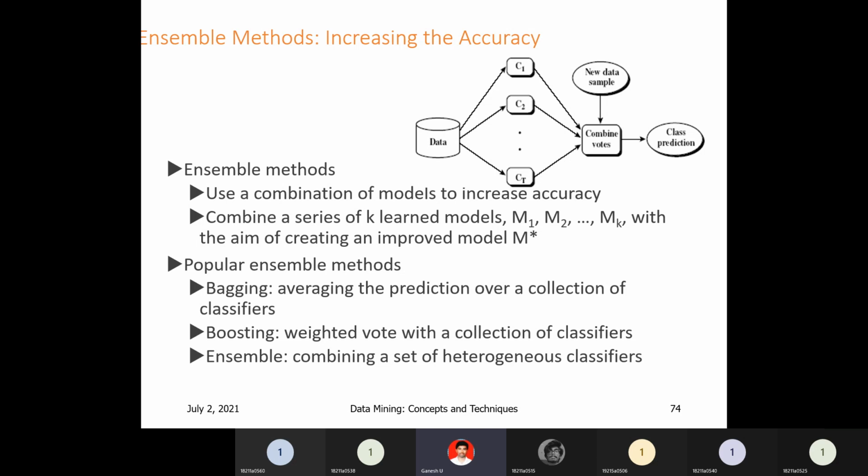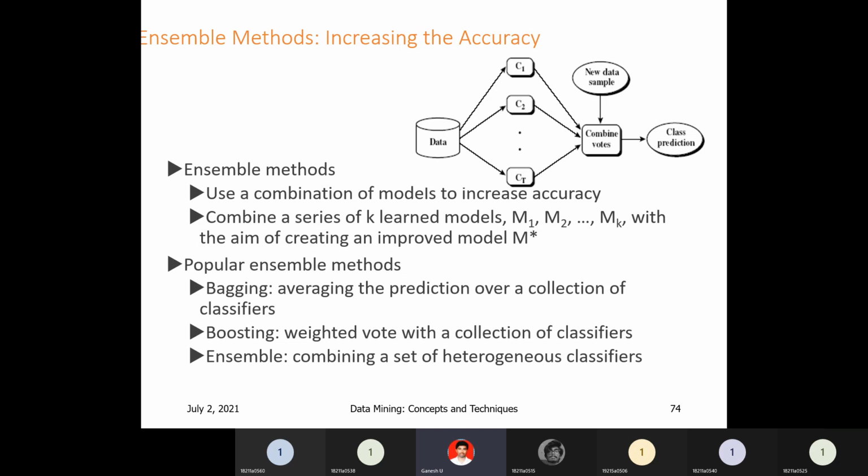We already know, no? Training data we are having. We apply some method, we create some model, and that model we will apply on a new data set. That is a test set. Here also it is the same thing, but the difference is that a number of classification models, a number of classifiers are there. So training data is divided into a number of data sets, D1, D2 and so on, Dn.